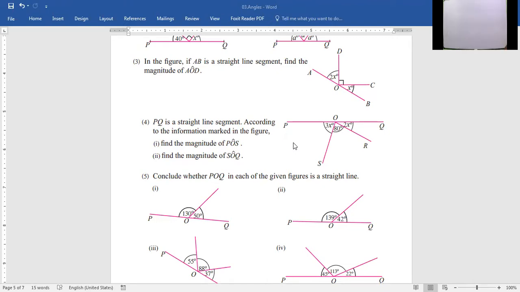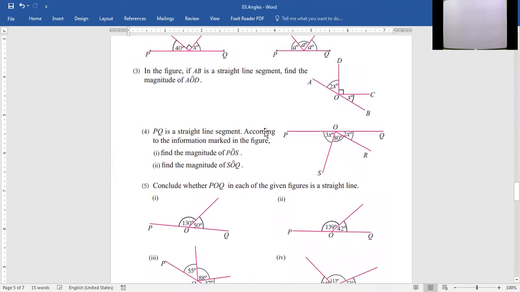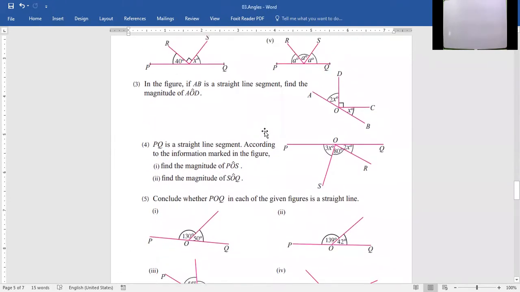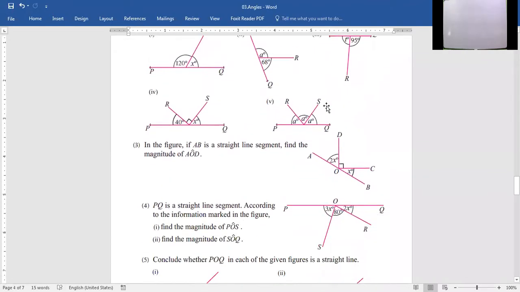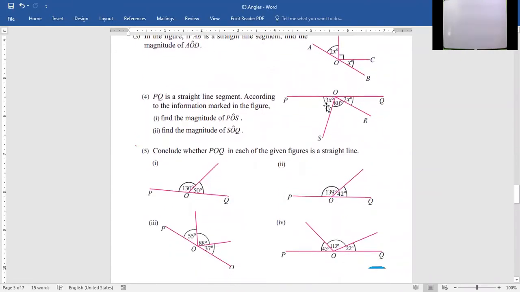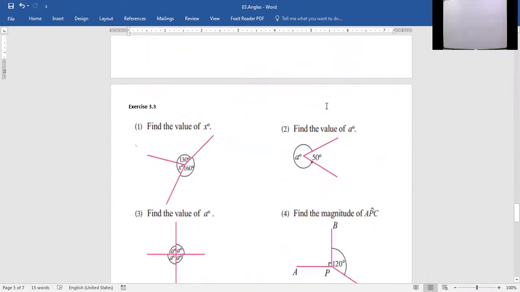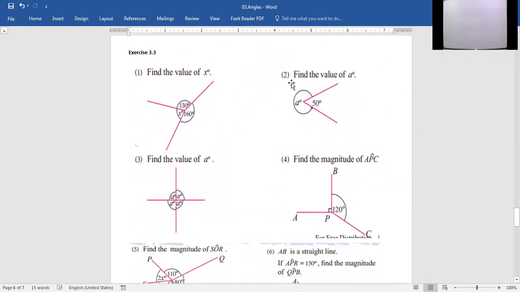Okay, now I have shared my screen. In order to refresh your mind, I will take this part, Exercise 3.3.